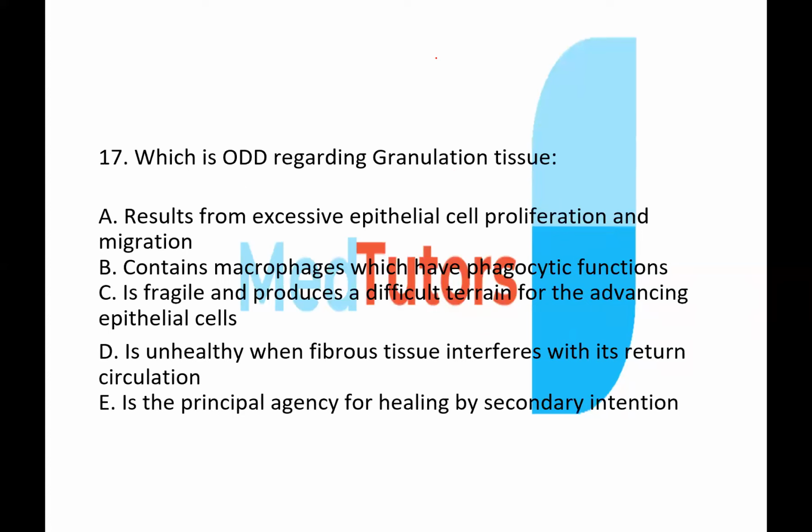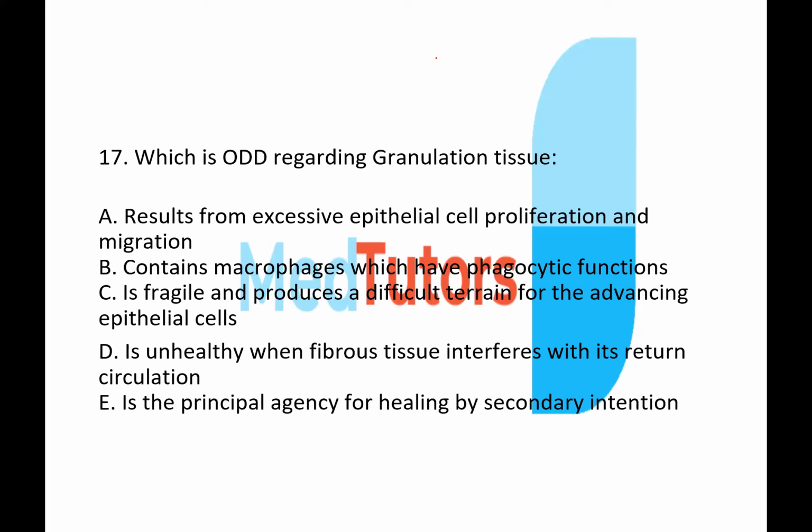B for boy. Which is odd regarding granulation tissue? Results from excessive epithelial cell proliferation and migration. That is odd because granulation tissue is composed of what? What forms the granulation tissue now? Is it not the new blood vessels that are formed, the ground substance and collagen?